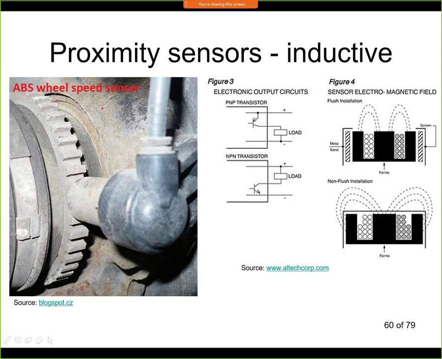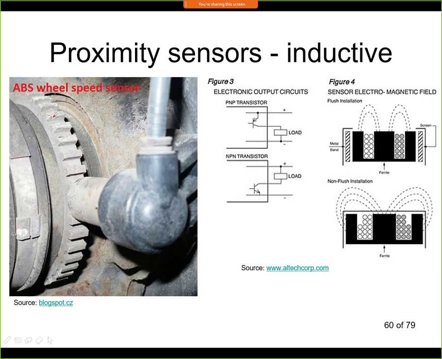ABS is taking care of blocking of the wheels during braking, and in order to make the ABS system functional, you need sensors on every wheel. So on every wheel we measure if the wheel is actually turning and with what speed, and we can see if the wheel is blocked or if it's not blocked.